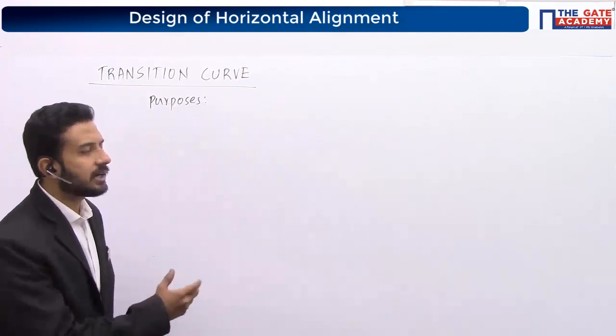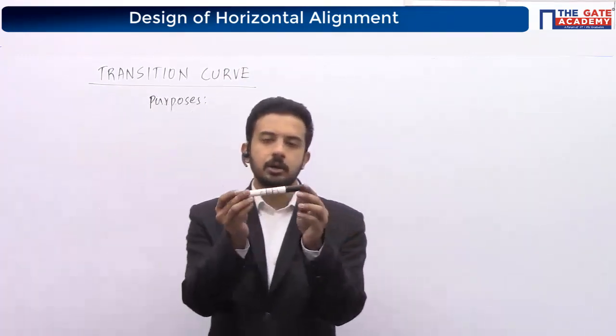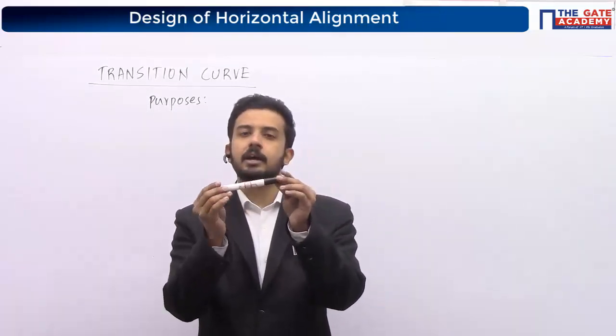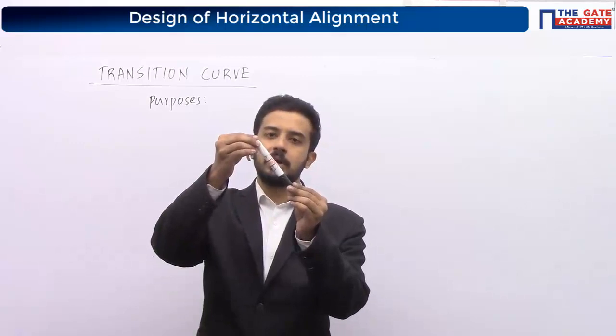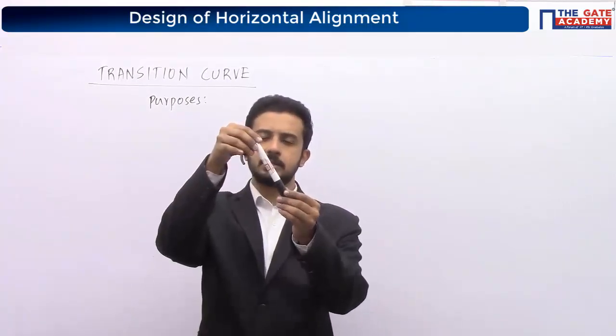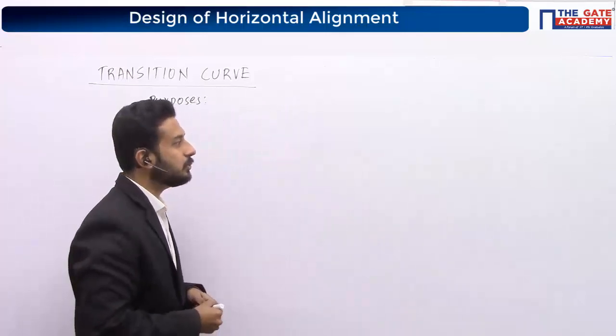And also, on the curve we are going to give some super elevation. On the straight road we definitely have a camber, something like this. But whenever a curve comes, we are going to provide something like this. Suddenly, can you provide a super elevation, some slope, like this? Not possible. So what do we have to do?